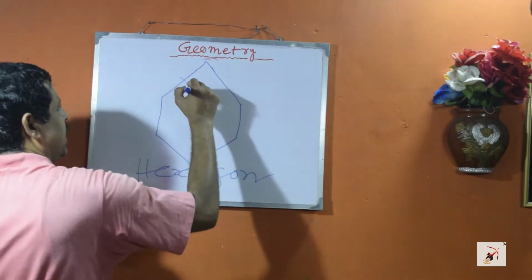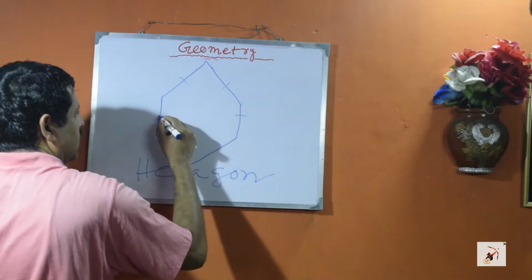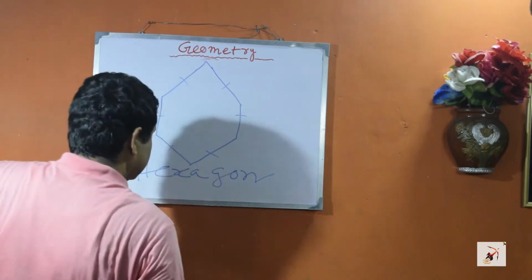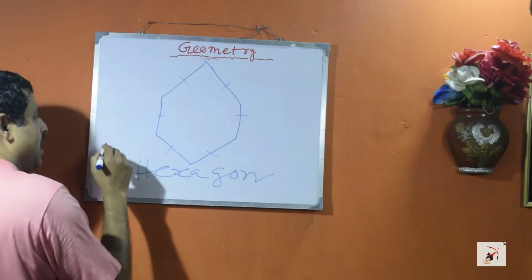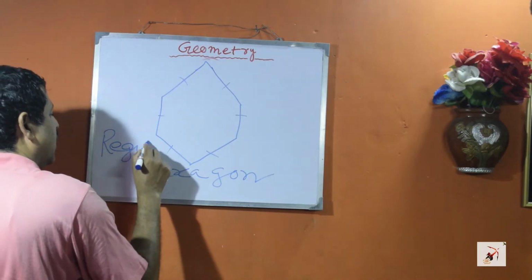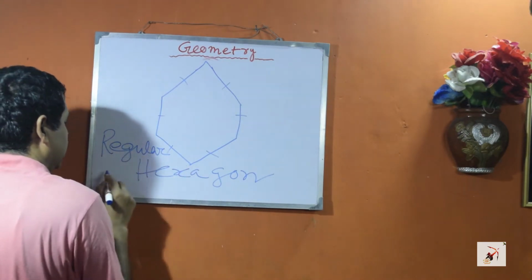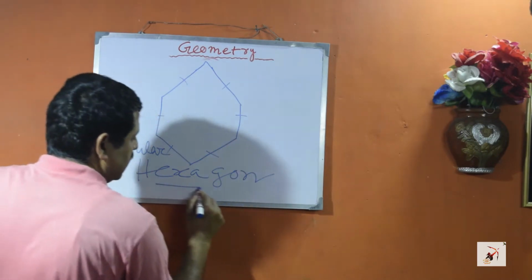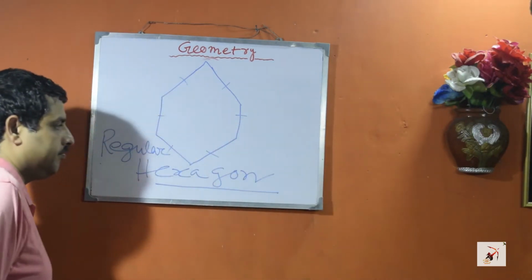If all sides are equal in length, then we must write regular hexagon.